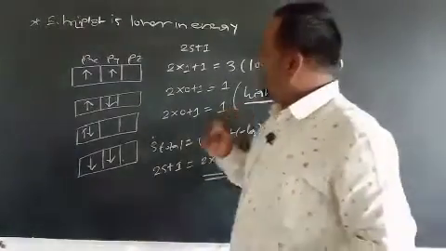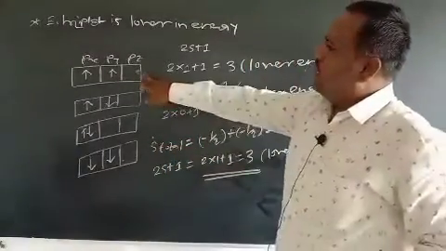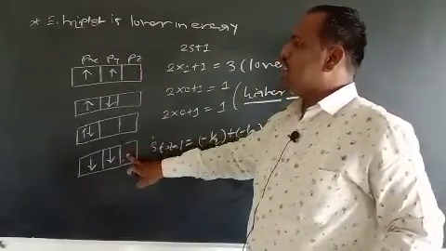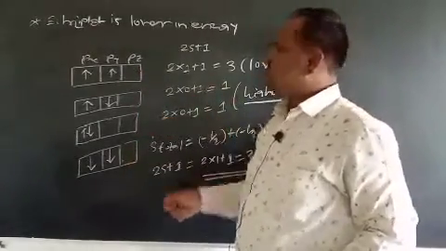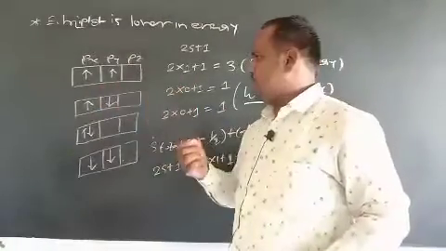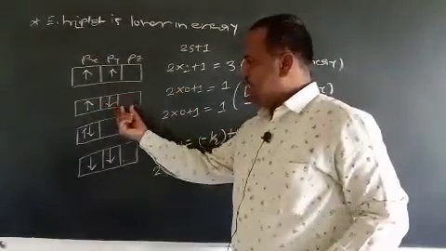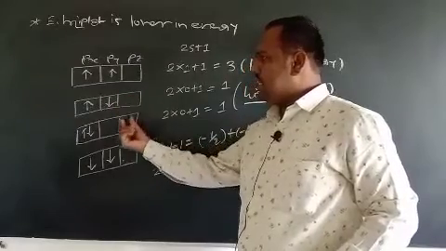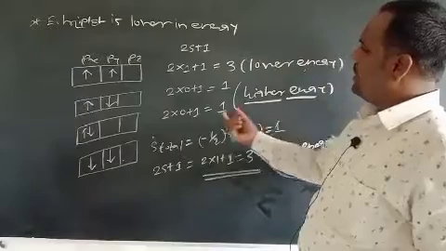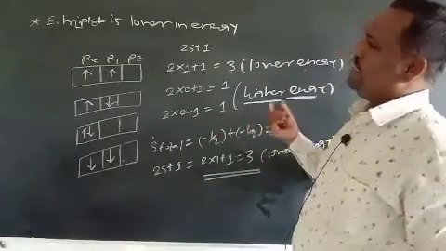So we can consider that the first and the last configuration are the only valid, or only possible, configurations for these 2 electrons. The second and third configurations are not possible because the spin multiplicity is equal to 1, which is higher in energy.